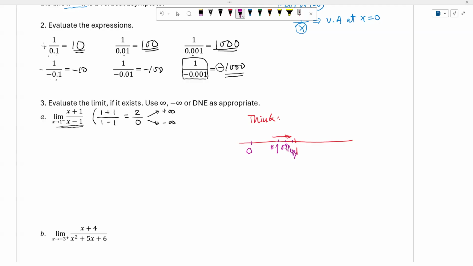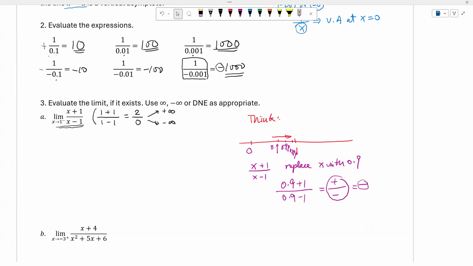If I work with this expression and replace x with 0.9, a number really close to 1 from the left side, then I get 0.9 plus 1 over 0.9 minus 1. The top is positive. The bottom is negative. It turns out this expression gives me a negative result.